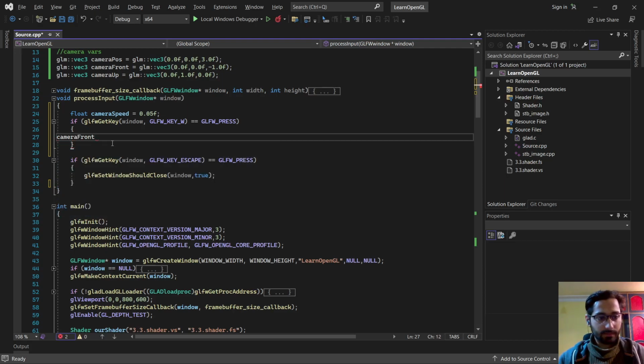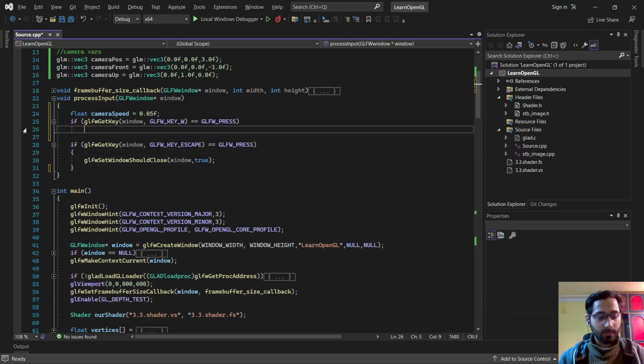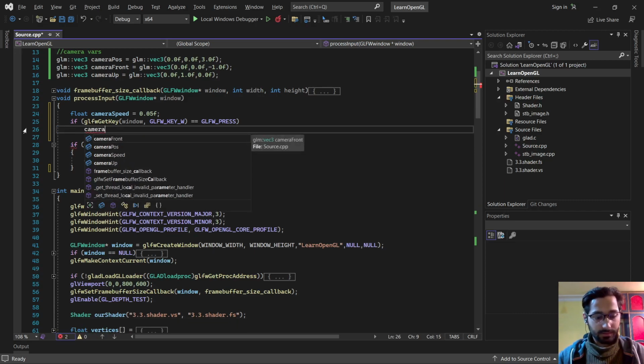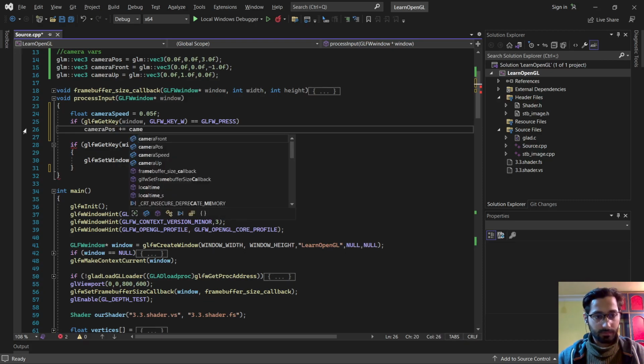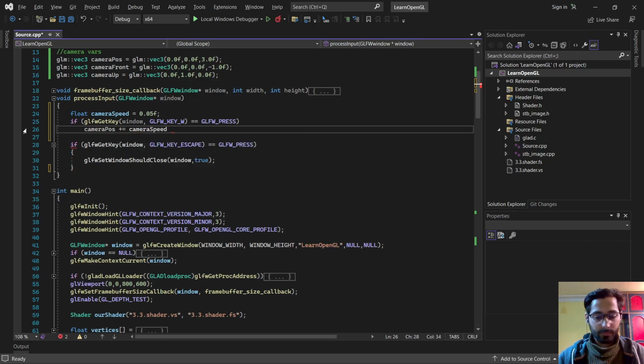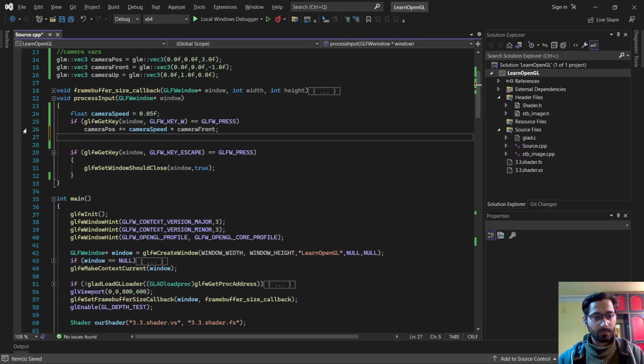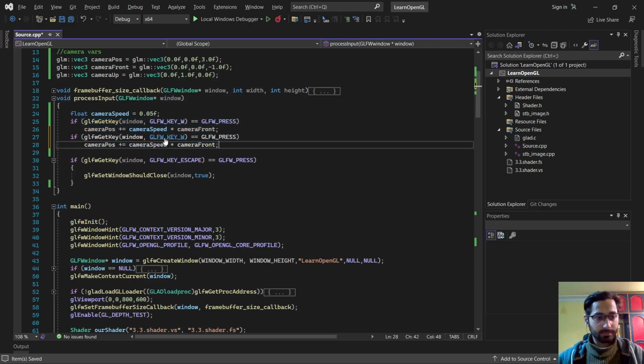So whatever the current camera position is, we add to that camera speed times camera front. Okay, so all the other stuff will be similar.